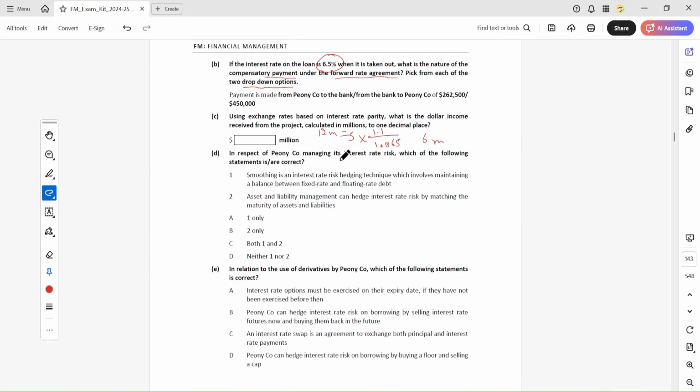So how much is the answer? That is 5.1643 for the 12-month forward rate.